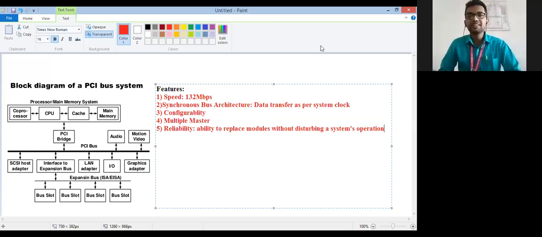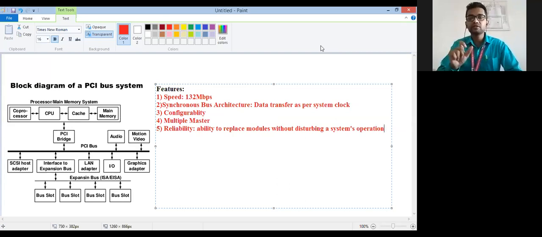Now the next feature is the signaling environment. It can support a 3.3 to 5 volt signaling environment. Some components may operate on 4 volt, some on 4.4 volt, so it is not necessary that you connect only a device with one specific operating voltage.